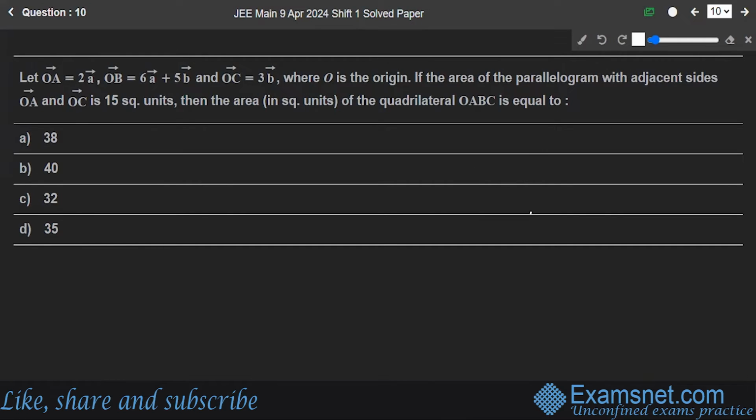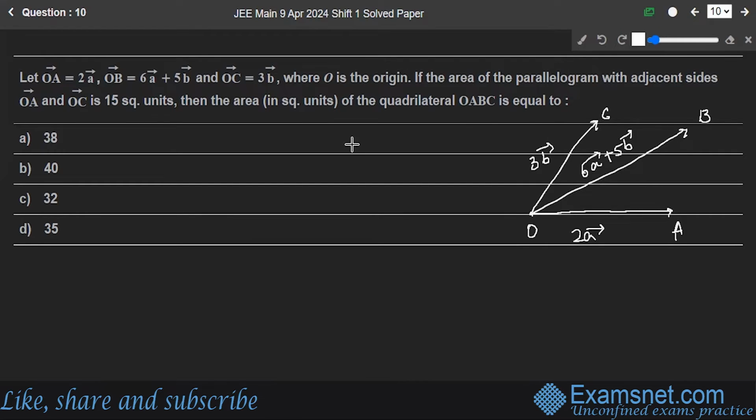First of all, this is the point O, and this is your A. This is given by 2A vector, and this is your C point. This is 3B vector, and this is your point B. This vector is given by 6A plus 5B.